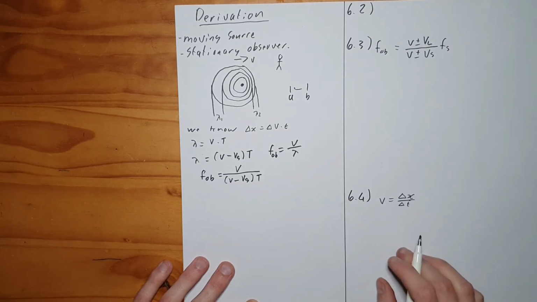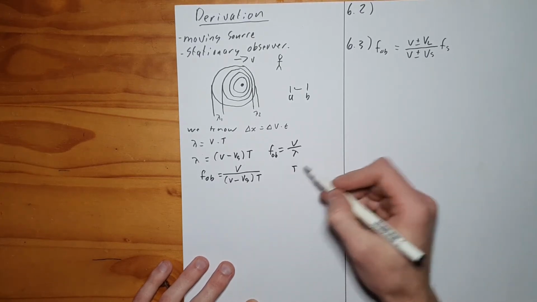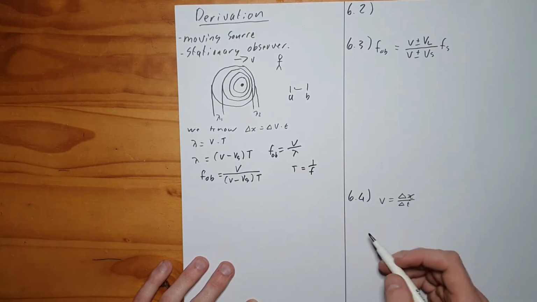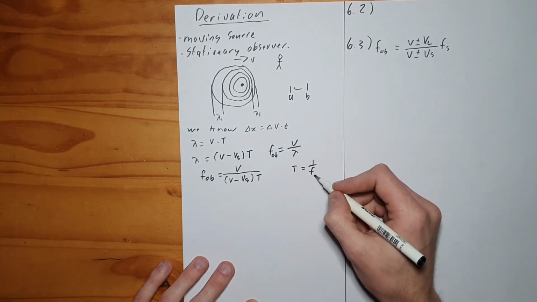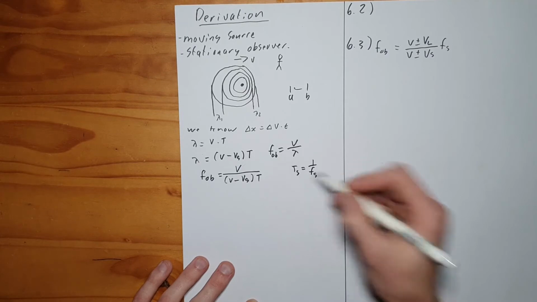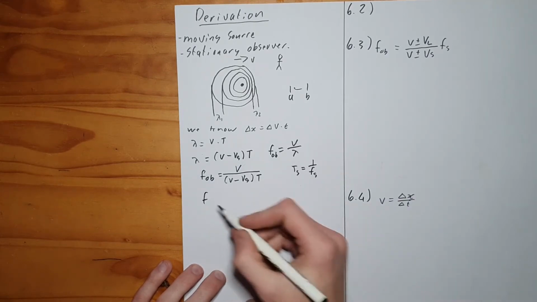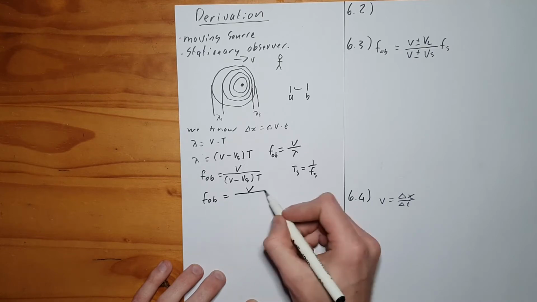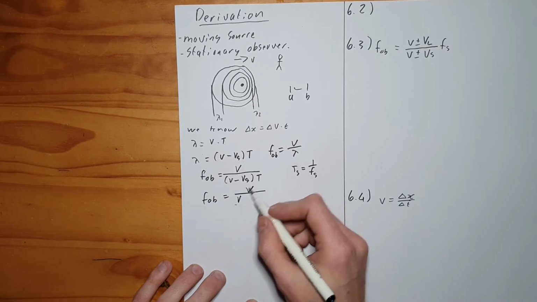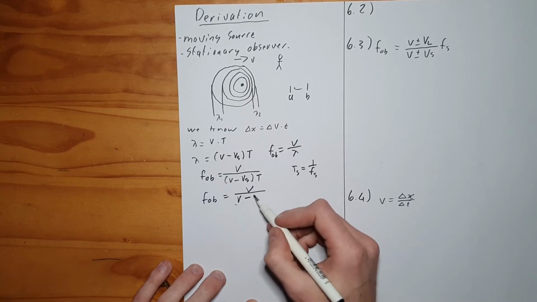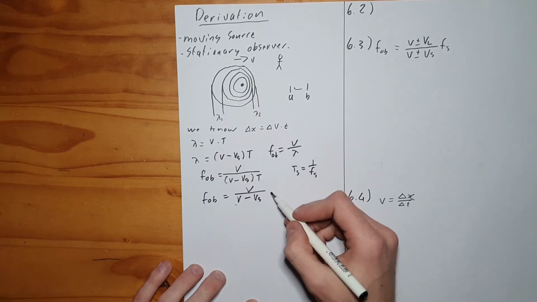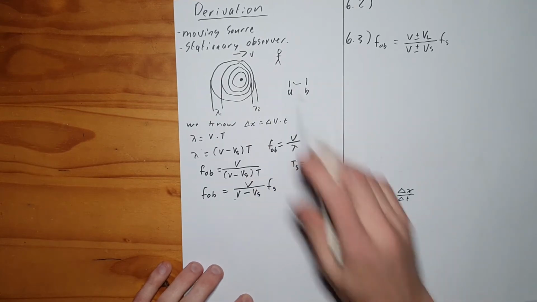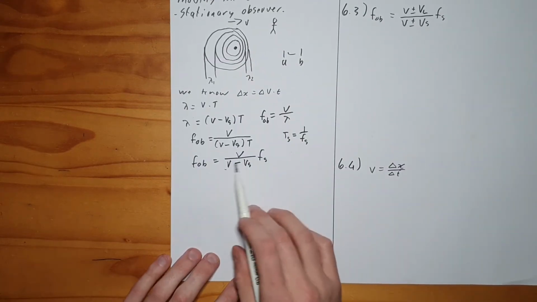But we also know that the period is equal to 1 over frequency, and this will be the frequency of the source because this is the period of the source. So therefore the frequency of the observer is going to be v in air, over v in air minus the velocity of the source, times the frequency of the source. So when we're moving towards the observer, we have a negative at the bottom.